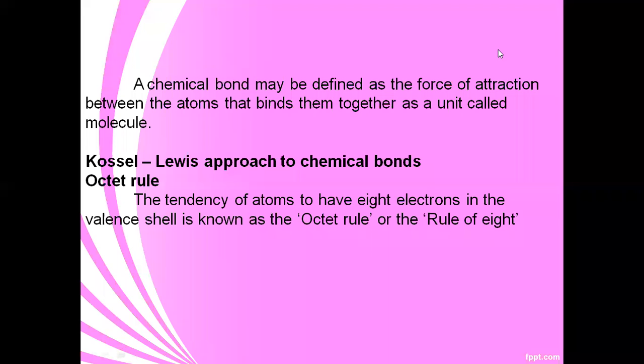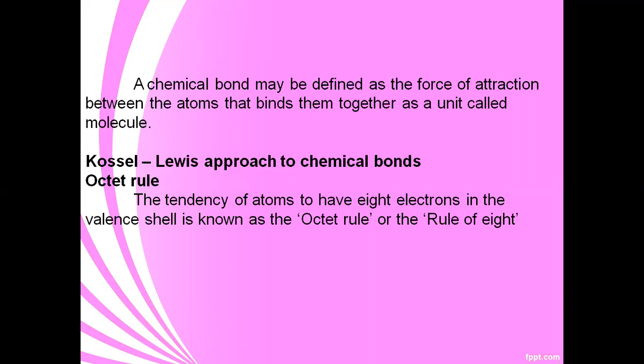All the noble gases have 8 electrons in their valence shell, except helium. So they have a stable, balanced electronic configuration.